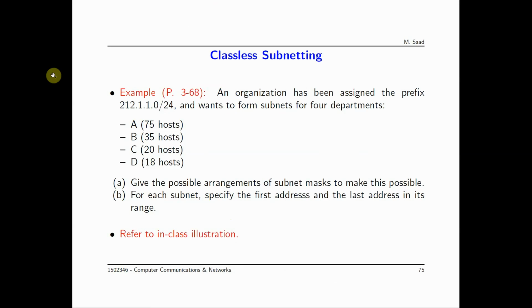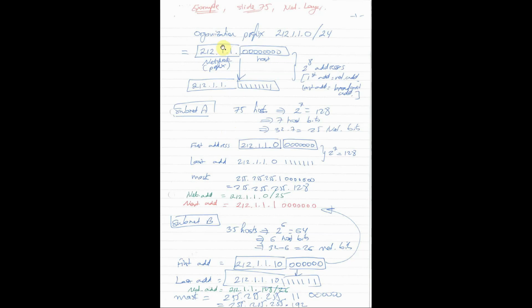So the given information here. Let's start with this. An organization is using the prefix 212.1.1.0/24, which represents again, over and over again, the first address in the range for this organization. So 212.1.1, and then the 0 is 8 zeros, right? Why did I use the last octet to convert into binary?